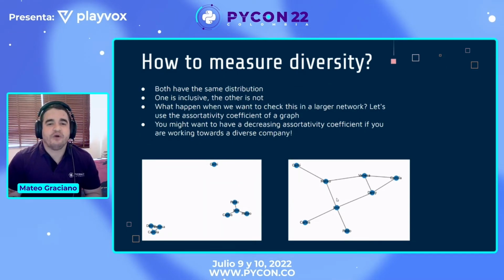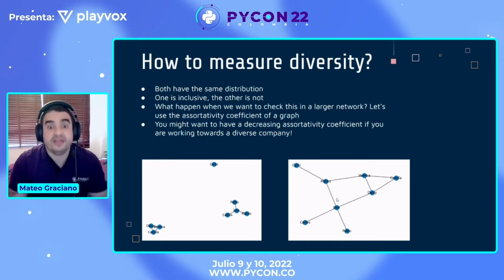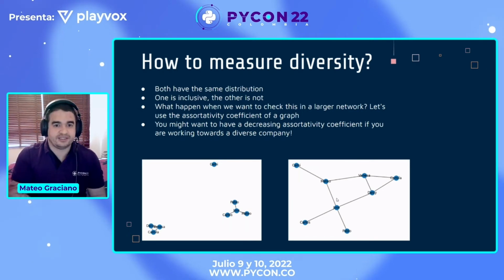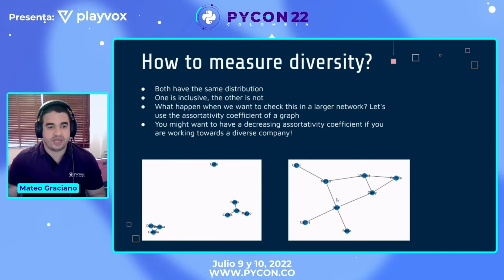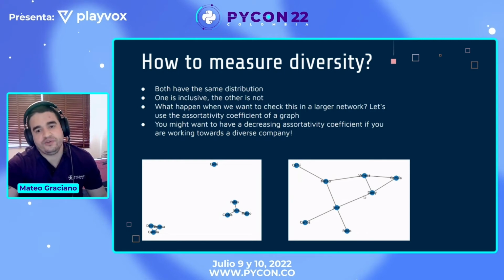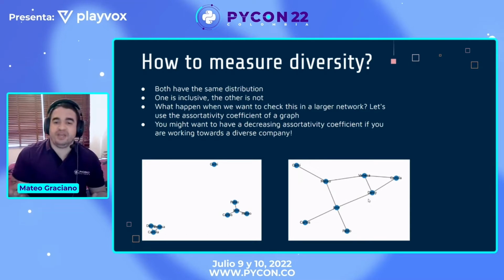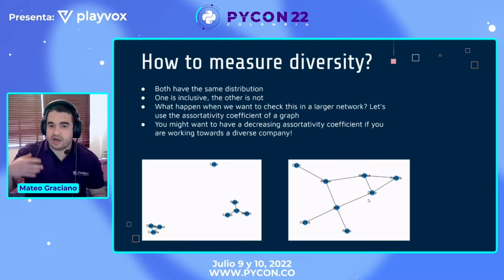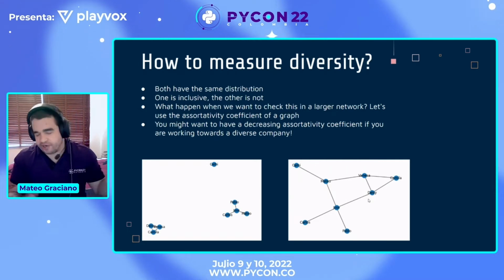The thing is, how to measure that. There is something that is pretty useful and pretty easy to calculate using NetworkX in Python, and it is just calculating the assortativity coefficient. This one has an assortativity coefficient of 1. This one has an assortativity coefficient lower than 1. So if you are working on your company towards diversity, you might want to look at your gender diversity, for example.